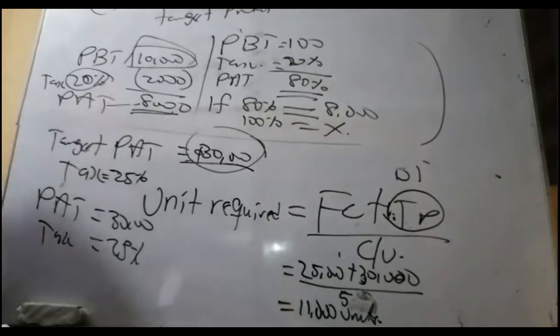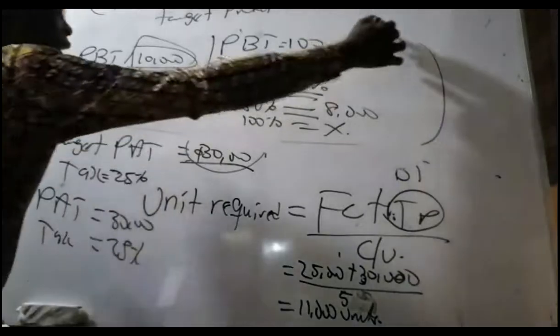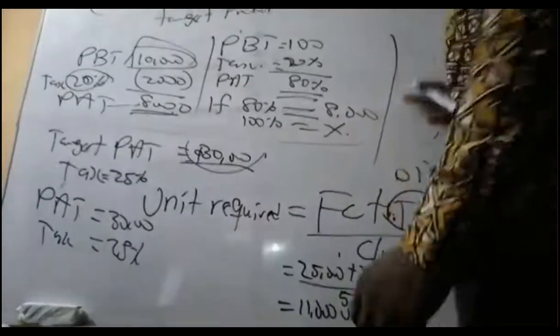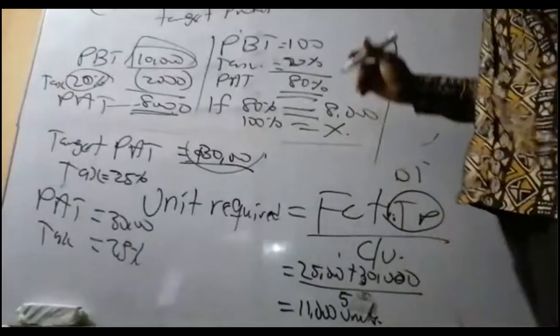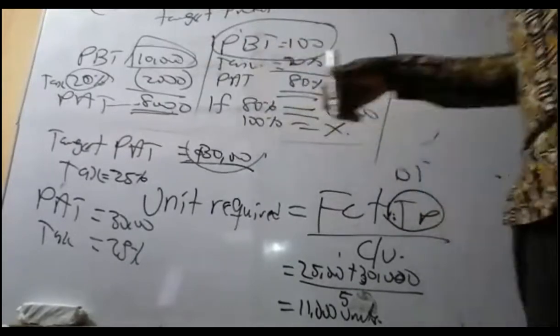That's the one way. Let me just give you the shortcut and then move on. The shortcut is that you just pick your calculator. What are you looking for? What I'm looking for is 100%. Agreed. Profit before tax is always 100%.